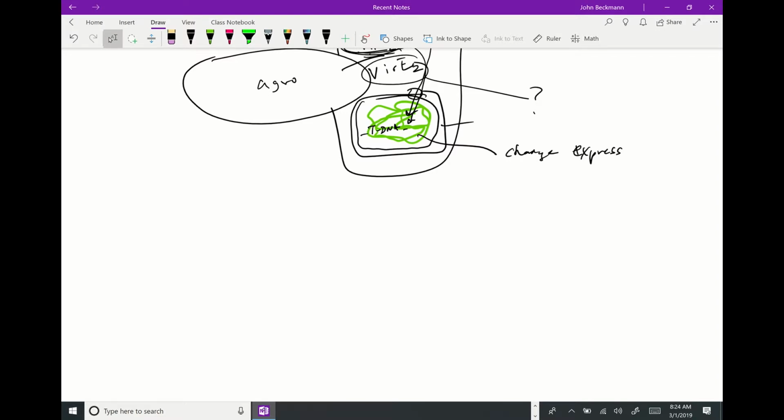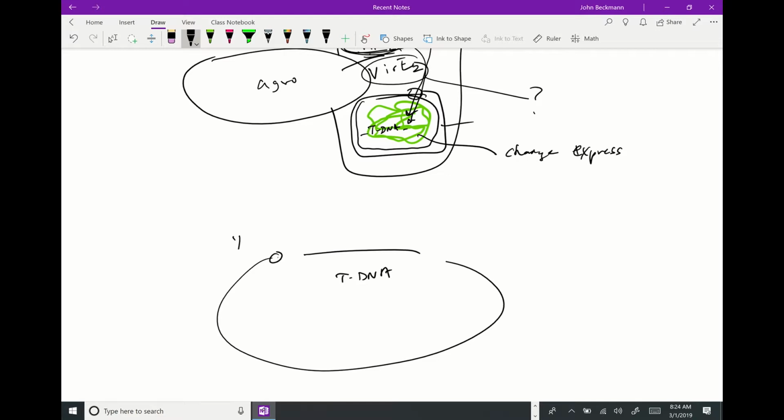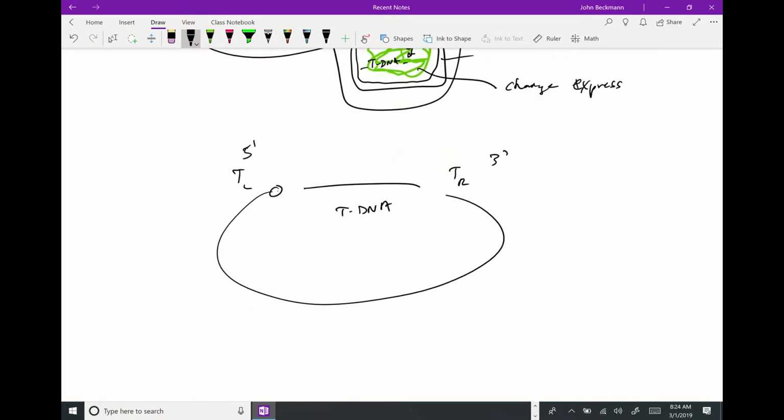Okay, so let's talk about the tDNA. So the tDNA has these sequences, T left, T right. You could also think of this as 5', 3'. So now my question is, it's obvious, right? How would we hack the system to insert a gene that we want? What do we need to do? You could remove the gene that's there and put in your own.